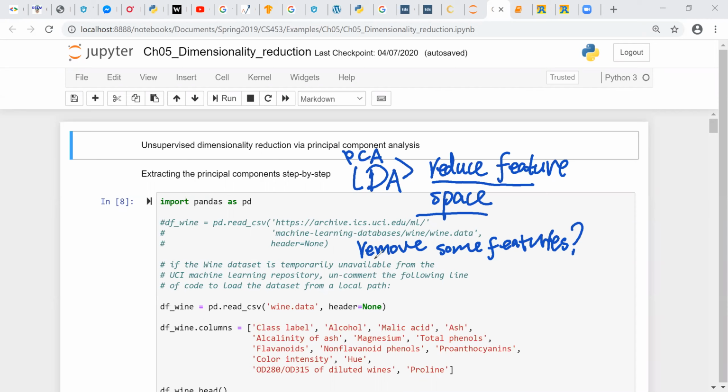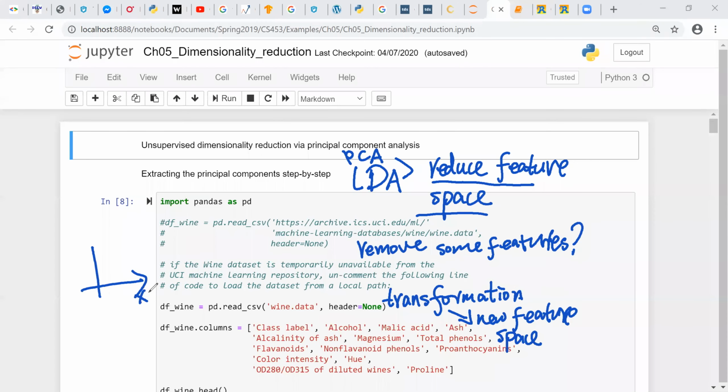So it doesn't mean you're going to remove features. You're going to apply some linear transformation, then you're going to have a new feature space. And this new feature space has fewer dimensions than the original feature space, because it's not the original features.